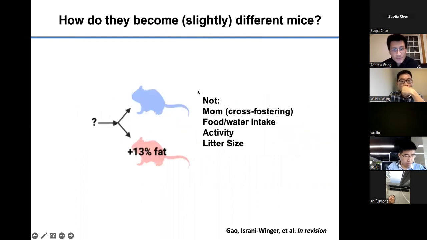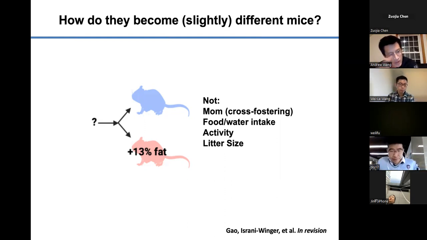And so we then asked, well, what exactly is causing this divergence of mice into slightly fatter and not as fat groups? And so we did lots of experiments to try to figure out what would be causing this dynamic range.